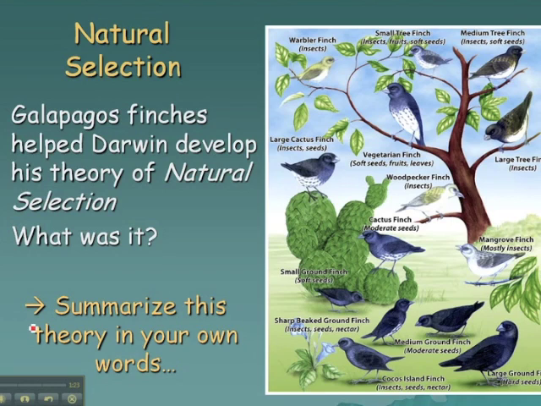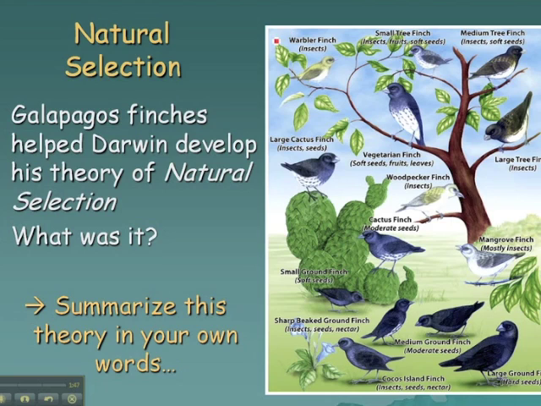And so what we're going to do is delve more specifically into the things that need to be present in a population for natural selection to actually help create new species. And that's the idea, that natural selection is creating new species.